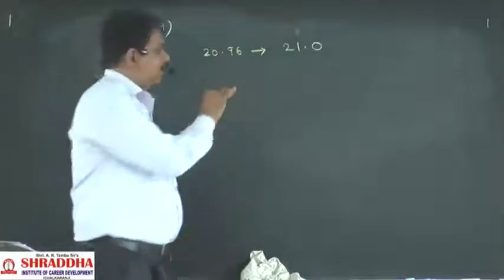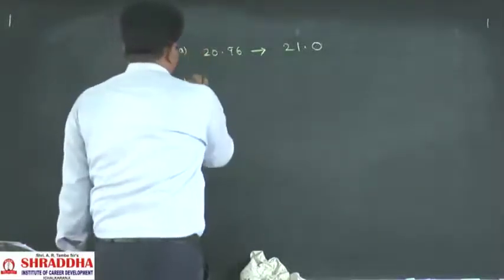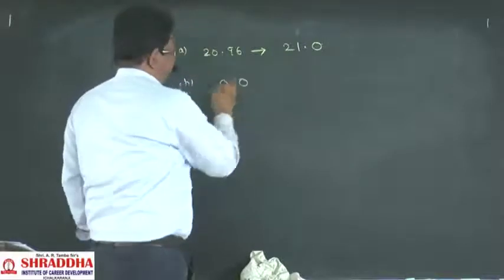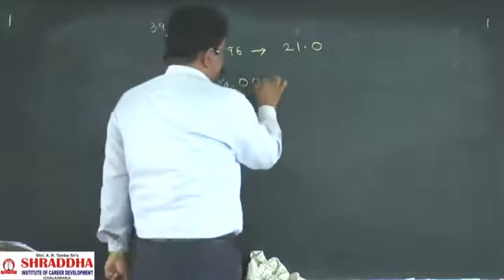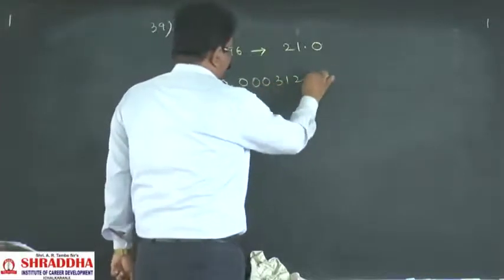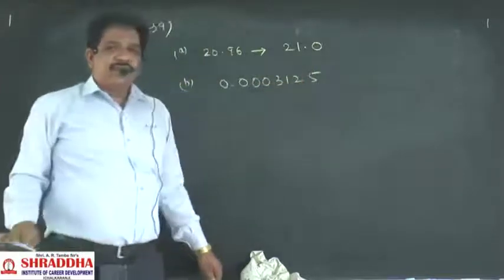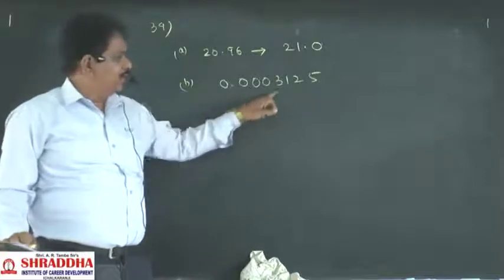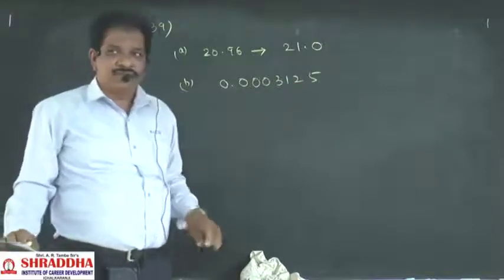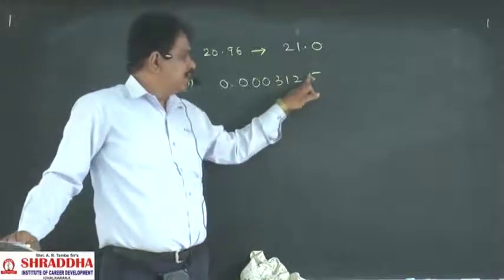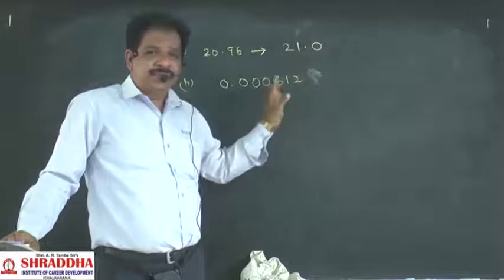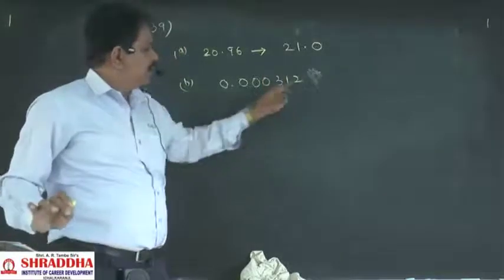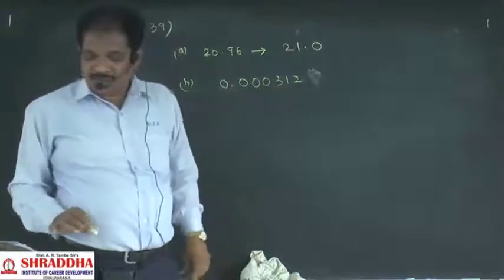Second one, what they are asking: 0.0303125. It is having actually 4 significant figures. Discard this 5. The preceding digit won't change because it is even. Now it will have 3 significant figures.